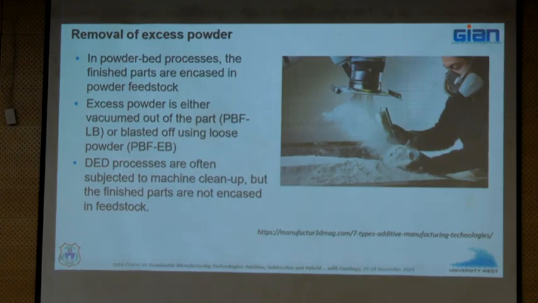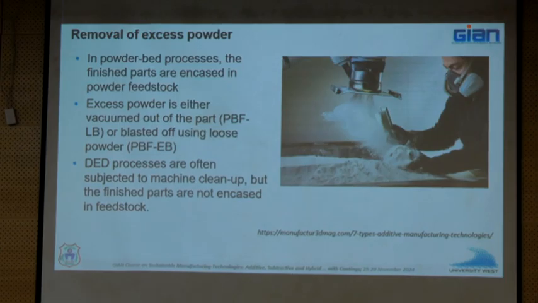Let me get it out of the way because these are not really close to my heart. You remove excess powder. You saw a video on that, and this is more necessary in powder bed fusion. In DED, you don't need that. You just need some normal machine cleanup.